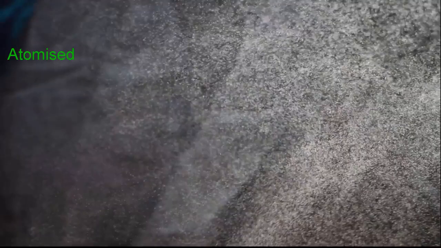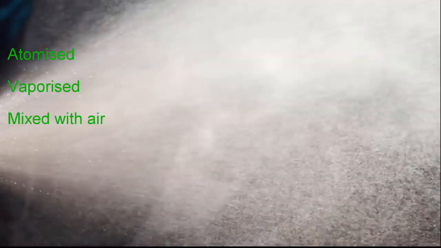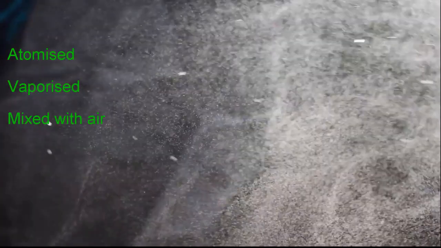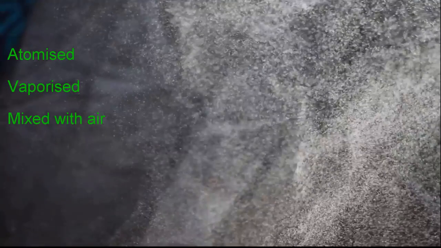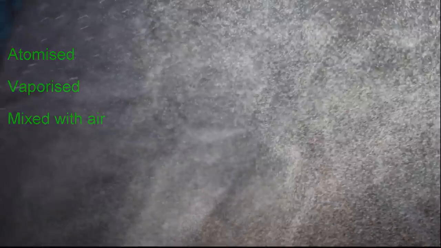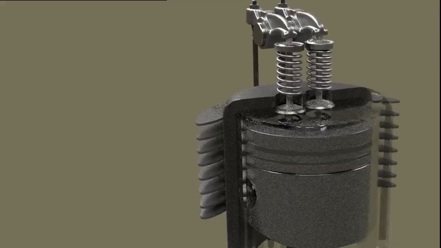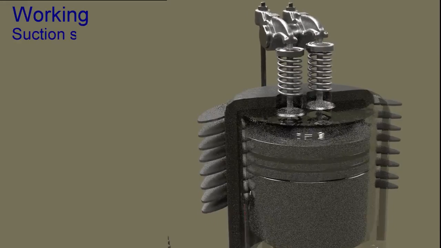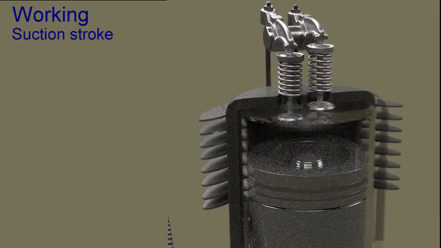In a spark ignition engine, liquid fuel is atomized, vaporized and mixed with air in correct proportion before being taken to engine cylinder through the intake manifolds. When the engine starts, the piston descends to cylinder's bottom from the top.